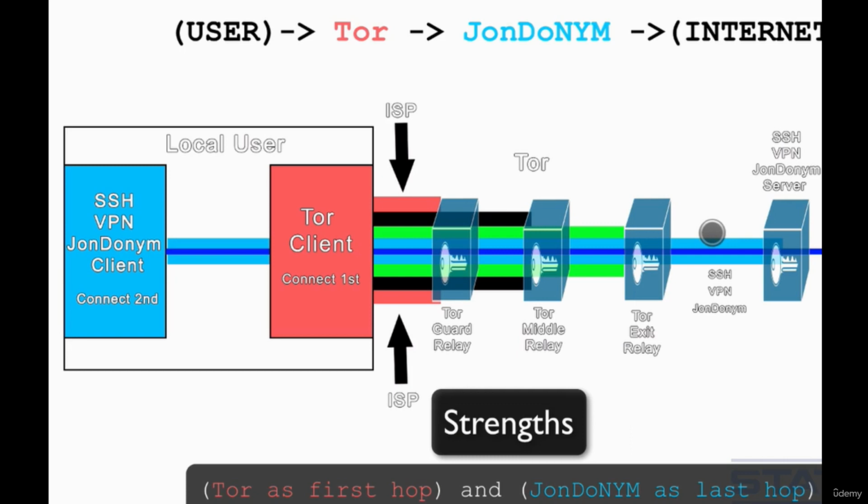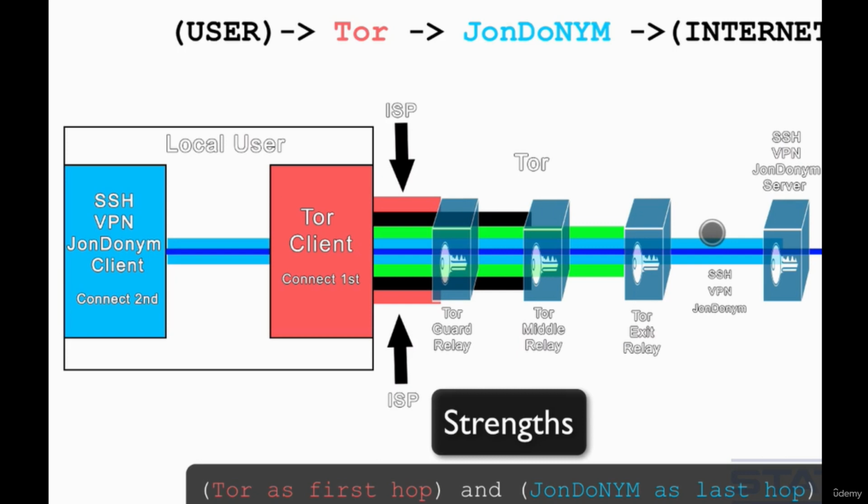After that, the user goes to SSH, VPN, Jondonym, and then Tor and internet.onion, your desired target. So here SSH, VPN, and Jondonym are the first hop and Tor is the last hop.